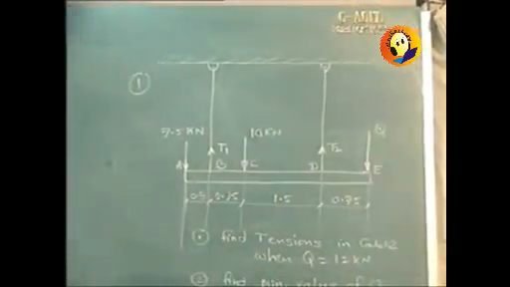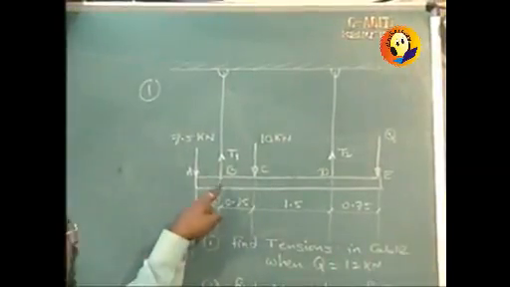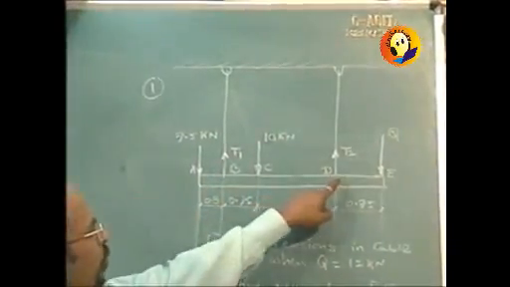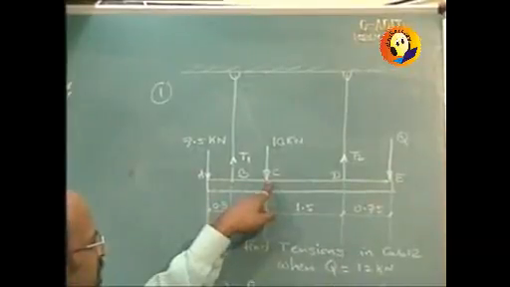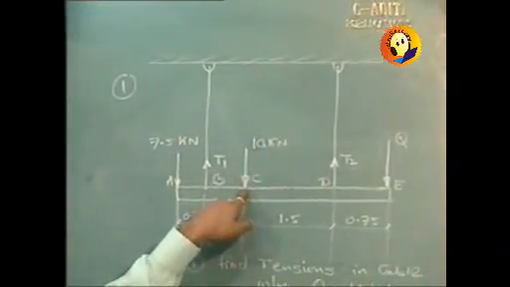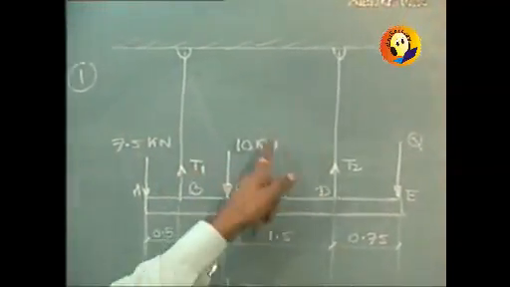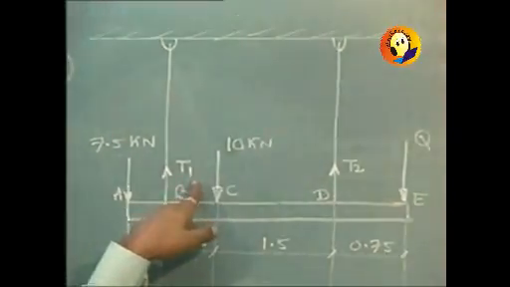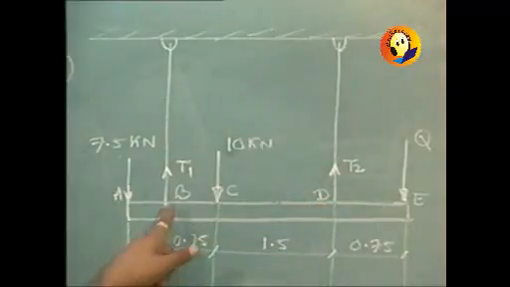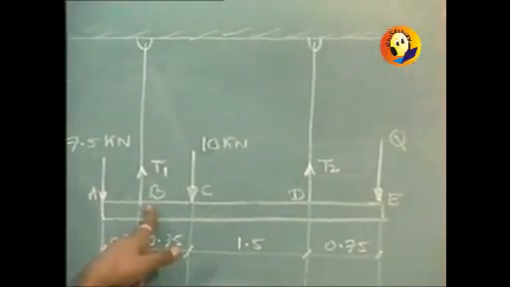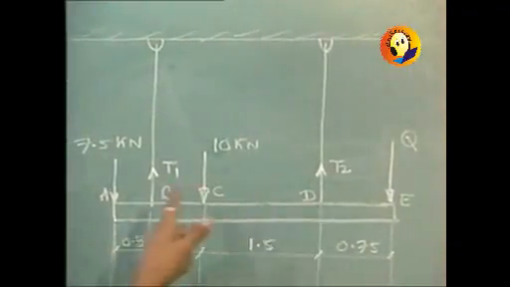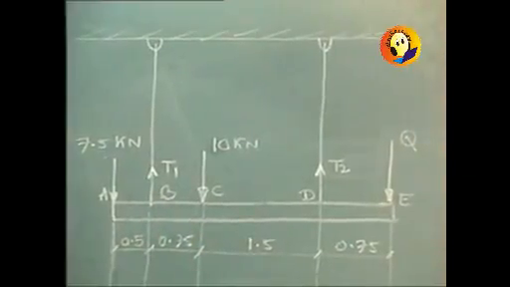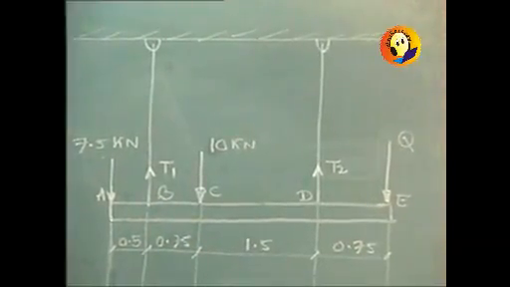Now, to get the second equation, it will be the moment at point B, or point D, or point C. Here, if we take moment at C, then the moments of T1 as well as T2 will come into the picture. We know that we have only two unknowns, T1 and T2, and it will be better if we take moment at point B or point D, so that one of the unknowns will result in moment equal to 0.